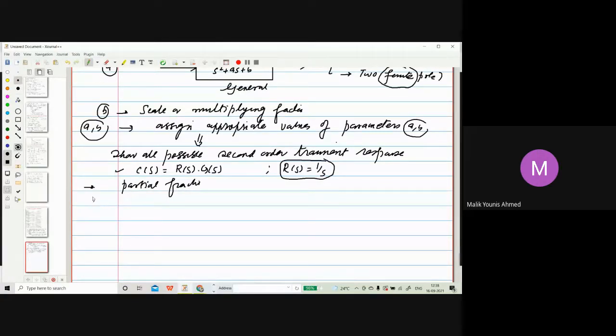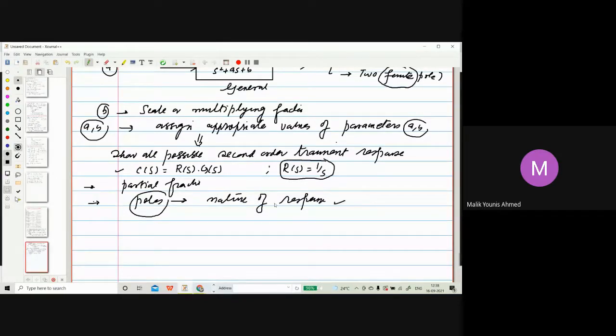So from the poles, we can determine the nature of the response. This is also one technique, without going through the tedious calculations of partial fraction and inverse Laplace.